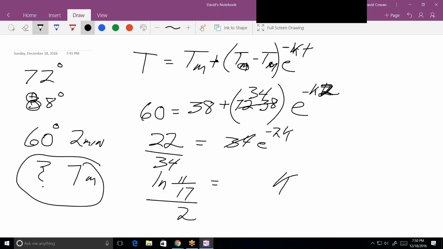And let's say it doesn't go down to 60, it goes up to 75 in 2 minutes. Now, do you suppose this equation still applies? You'd end up with a negative here. In other words, t sub O minus t sub m is going to be a negative number.